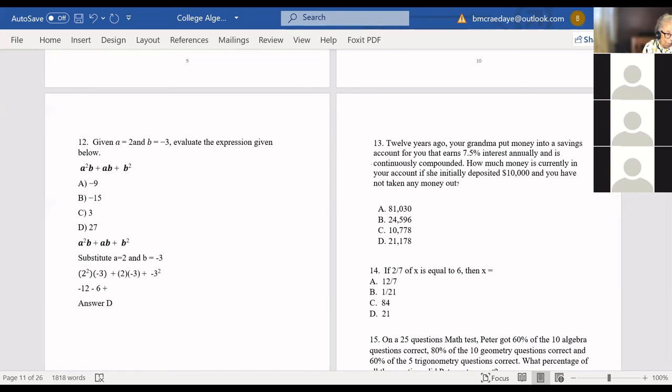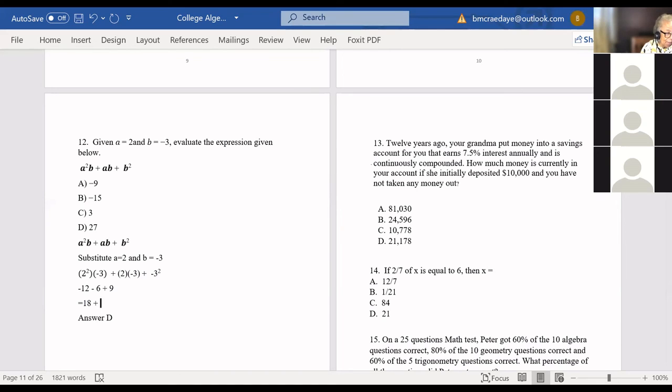So A is a 2 and B is -3, right? This one is a minus, and that's a minus. So this would be a minus 18 and a plus 9.